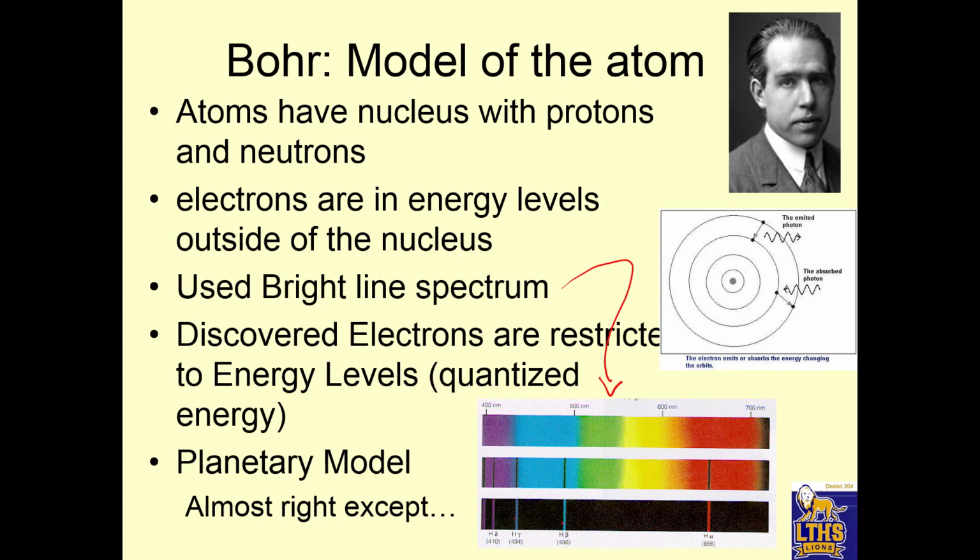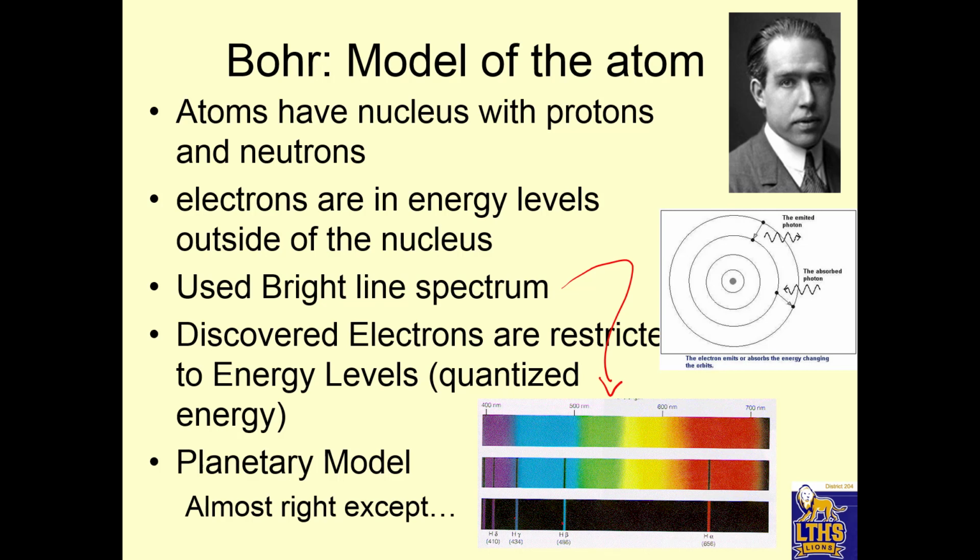Okay, we sometimes call this the planetary model because then there was the idea that the nucleus with the protons and neutrons was in the centralized area, and that the electrons orbited around that nucleus. Okay, that's almost right. We do have the energy levels right.